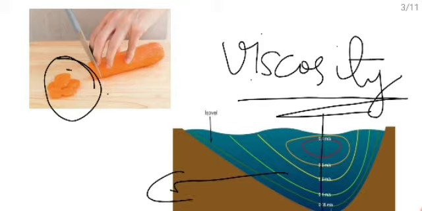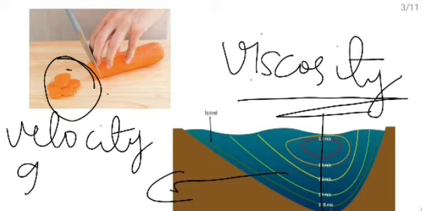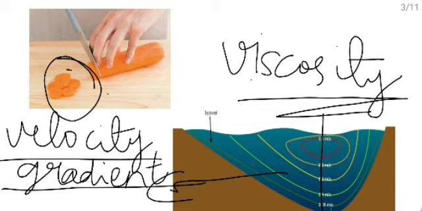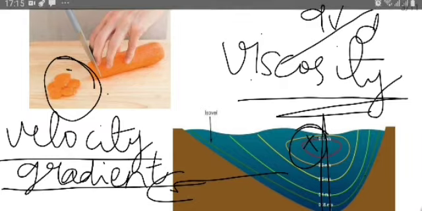Here we can get into a new term, which is velocity gradient. Velocity gradient is the change of velocity. The velocity is horizontal, and it varies with respect to the vertical axis. If I say the change in velocity is dv, it is varying along the y-axis.